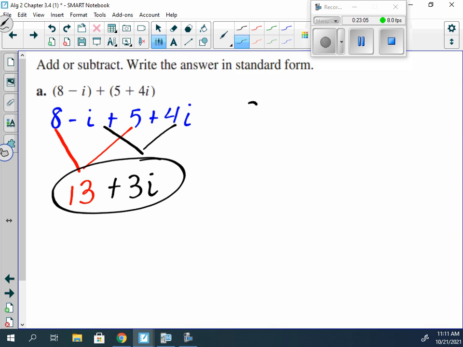And always we want to write this in the form of a plus bi. That is standard form. Since i is imaginary, our imaginary term will always go second. The real number would go first. And what we call this here, do you have an idea? What are we going over today?